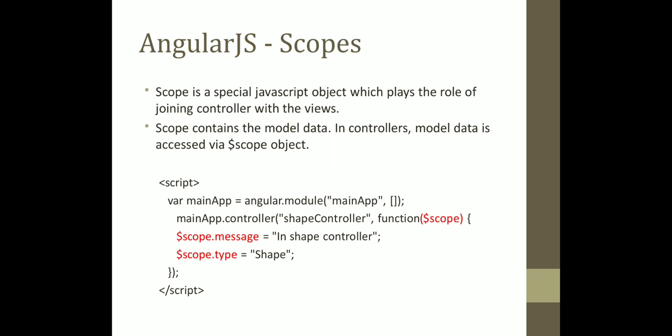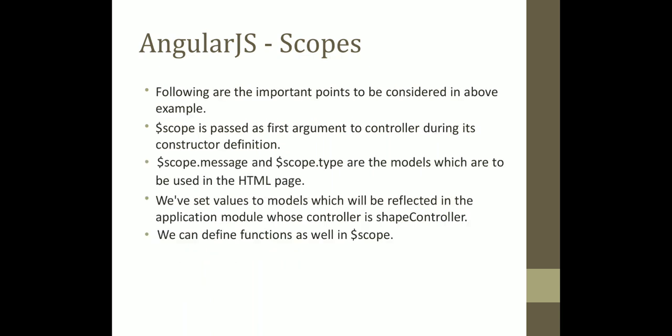We have used the values in shape controller and shape, and their controller is shape controller. Okay, then we can define functions also with the help of $scope. The thing to be remembered is during the constructor definition, the first argument passed through controller is $scope.